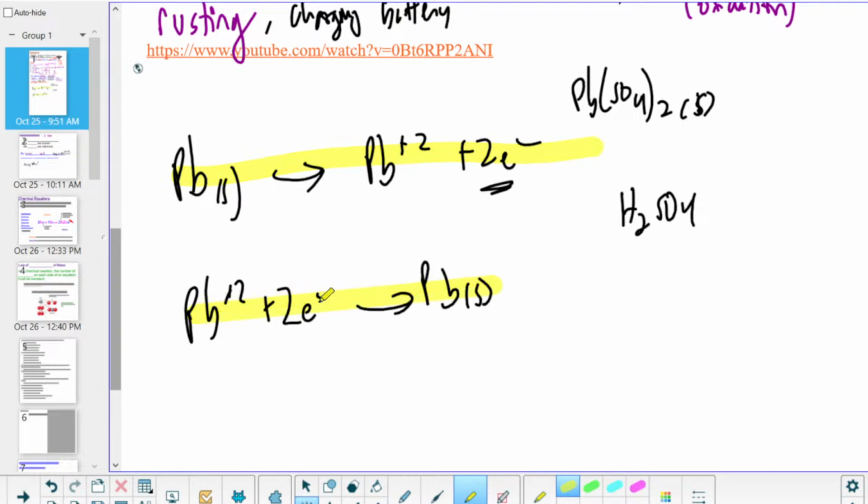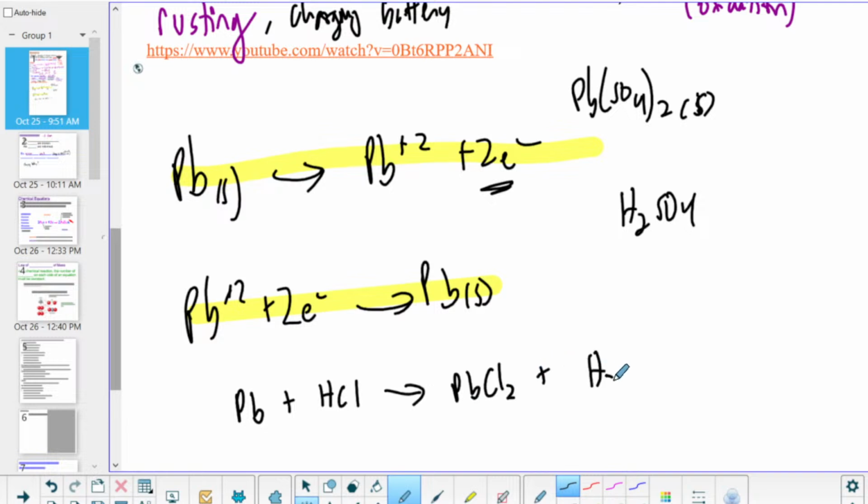We deliberately put the electrons in. Most of the time you'll see something like Pb plus HCl goes to PbCl2 plus H2.